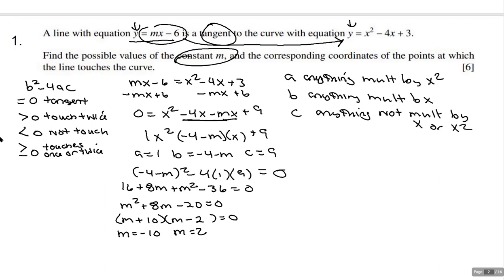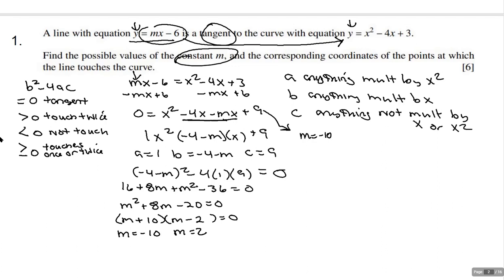Basically, if I knew what m was, say it's negative 10, I would replace this with a negative 10 up here. But at the end of the day, I don't have to start all over again. I can just use this equation right here. So let's say that m is negative 10.